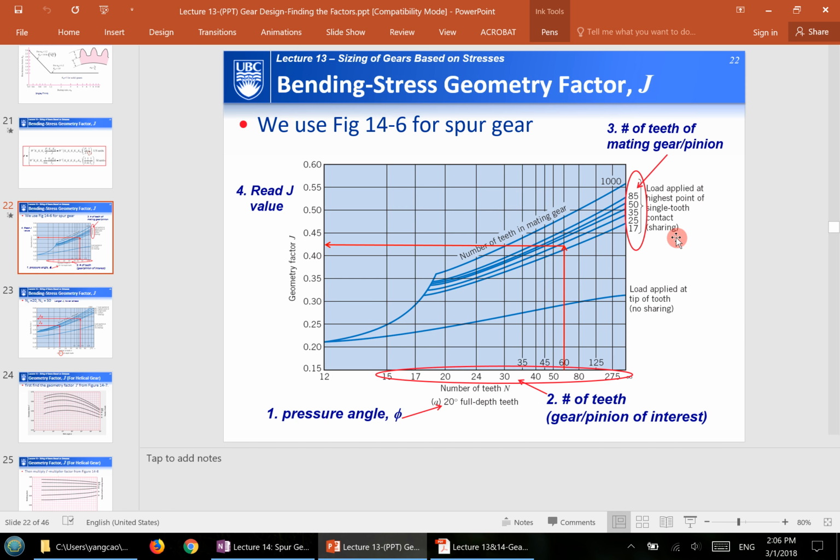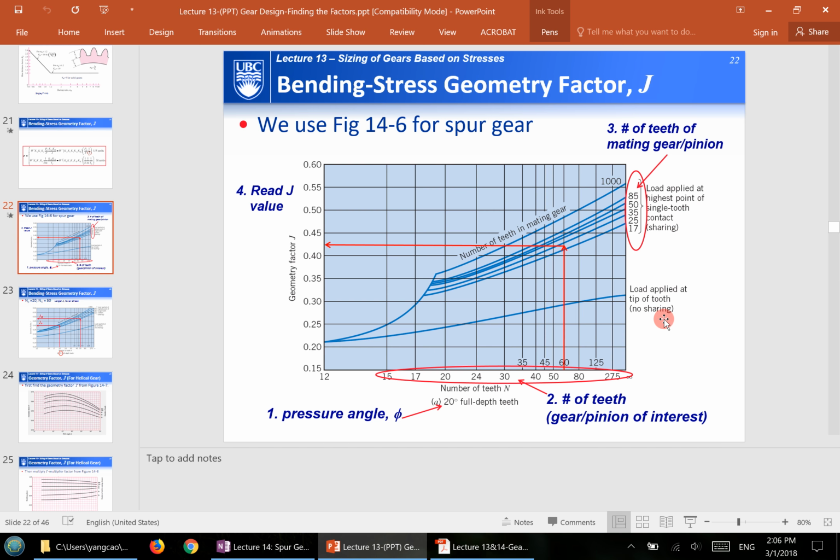Basically it's assuming the load is applied at the highest point, the force applied to the tip of the gear tooth. Sharing means assuming there is more than one pair of gear teeth in contact with each other. But the bottom one assumes there's no sharing.